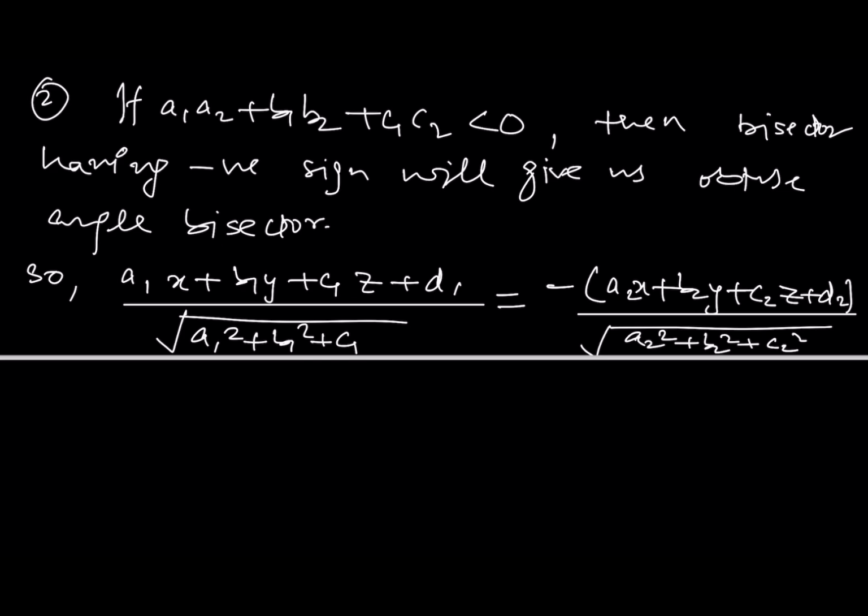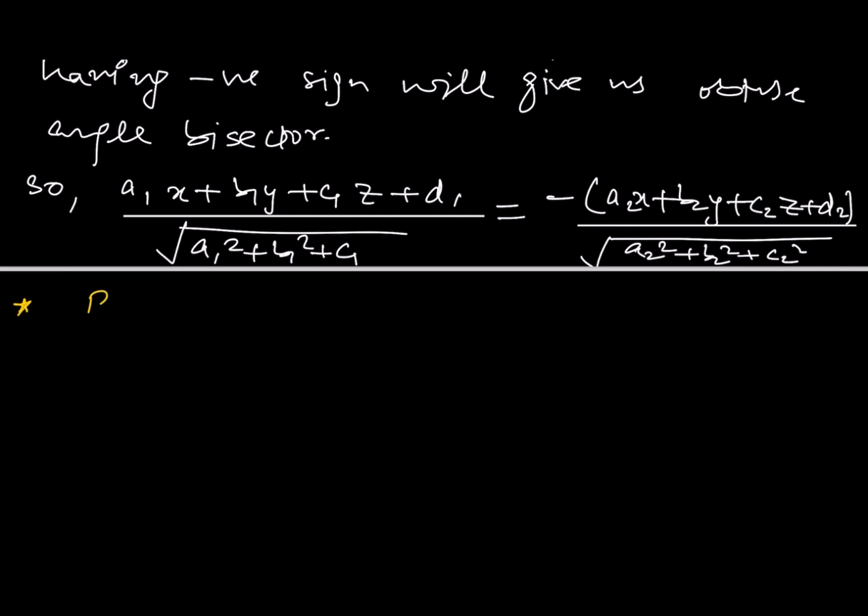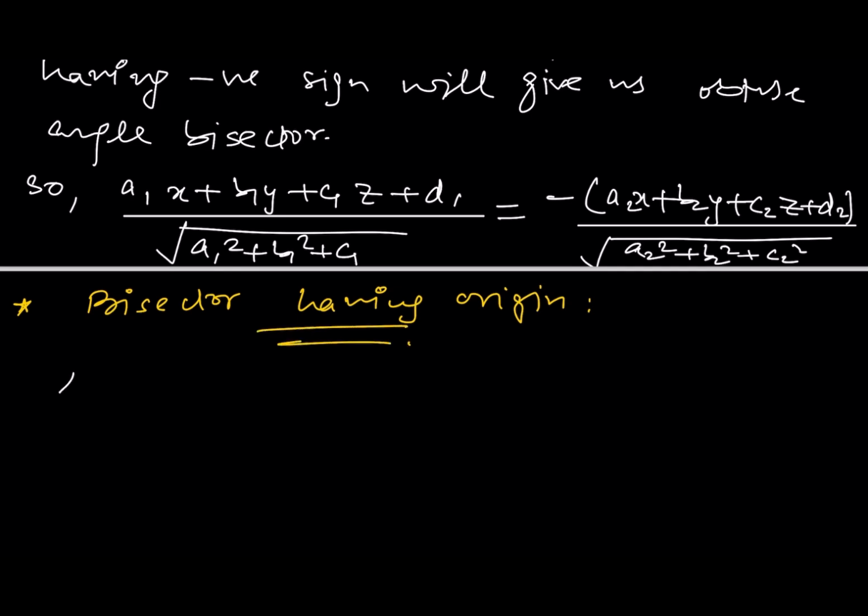Also, the bisector having origin. Now in this we will see which bisector will contain the origin. So again, D1, D2 are positive. So the bisector with positive sign will give us the bisector having origin, right?